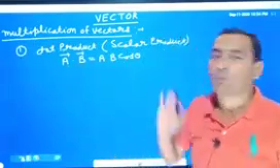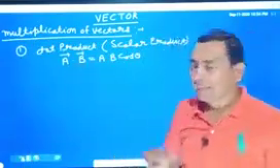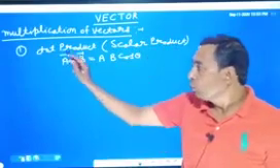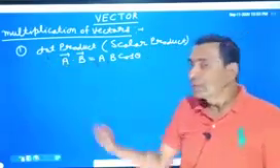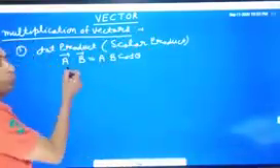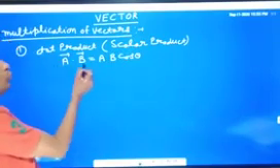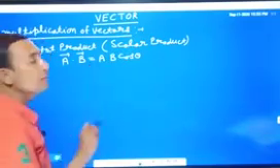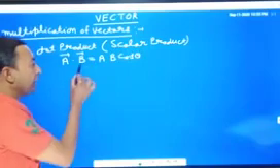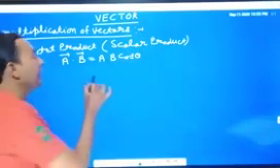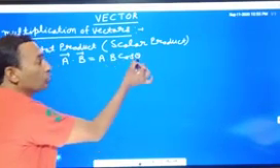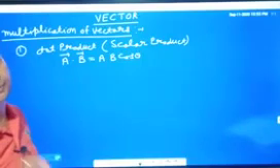We have to learn this formula. a vector is the first vector, b vector is the second vector, and here we have to take the dot product of these two vectors. Then what is the value of dot product of two vectors? The value of dot product of two vectors is equal to the multiplication of magnitude of first vector, means a vector, magnitude of second vector, means b vector, and the cosine of the angle between the vectors.